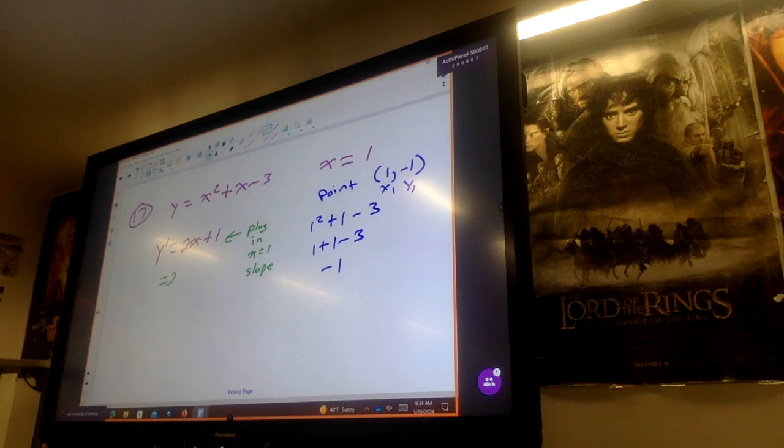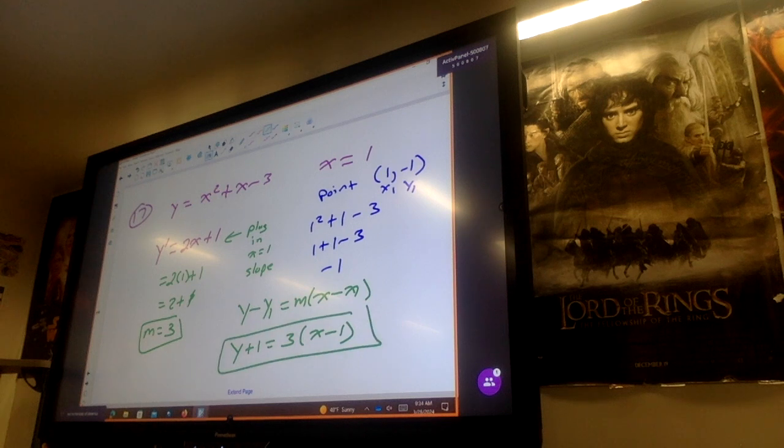So I'm going to get 2 times 1 plus 1, which is 2 plus 1. So my slope is going to be this. So I'm going to use point slope, which is this equation. So that'll give me y plus 1 equals 3 times (x minus 1), and you can leave your answer in point slope form. So that's the equation that is tangent at x equals 1 of that particular equation.